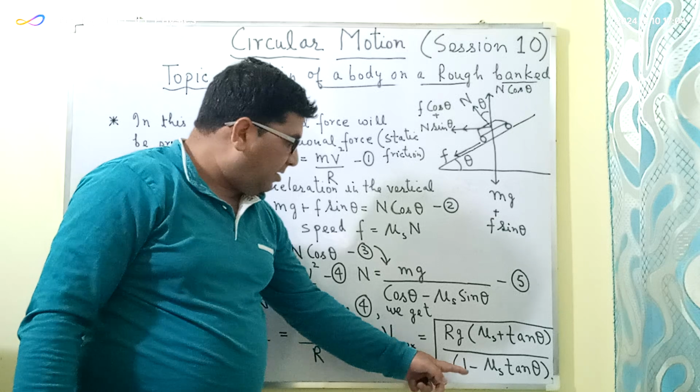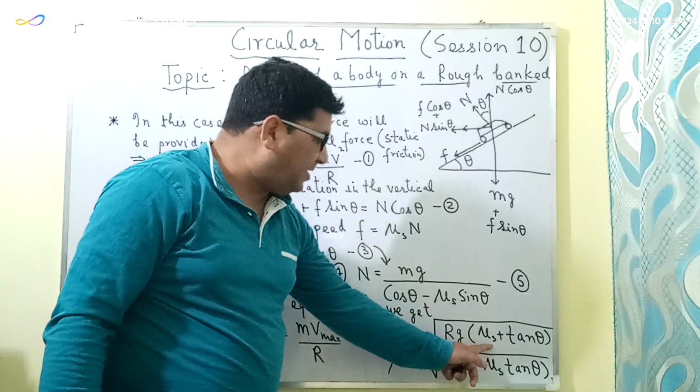If the surface is frictionless, then mu s will be equal to 0.